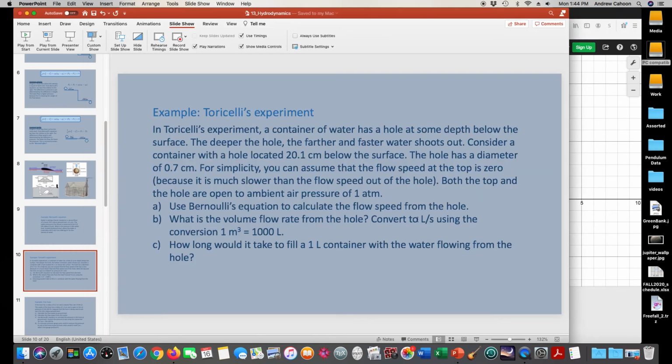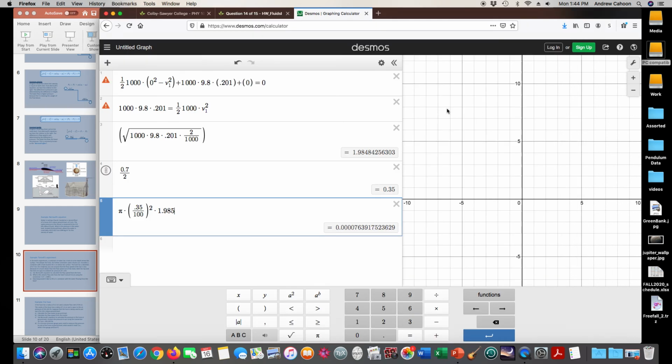But it says convert to liters per second using 1 cubic meter is 1,000 liters. So to convert, we multiply this value by 1,000, which will give us a slightly bigger answer, and we get a volume flow rate of 0.076 liters per second.